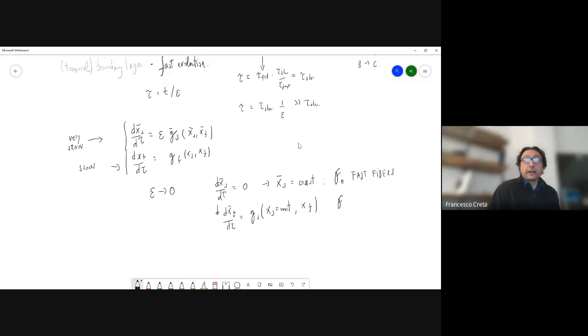So the fast fibers, you can write them as the locus of points such that x of s, the slow variables, are constant.